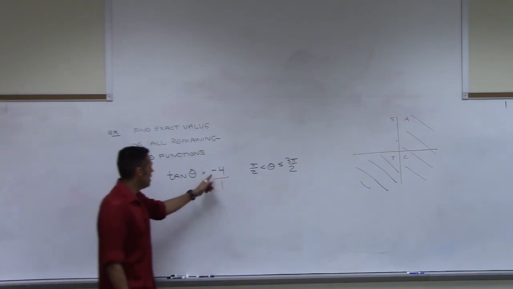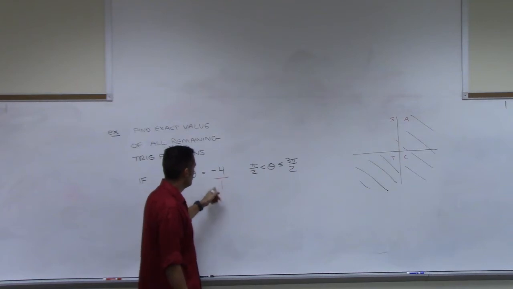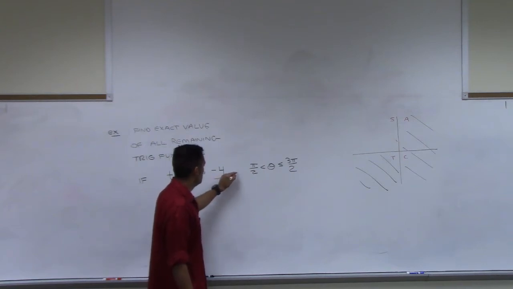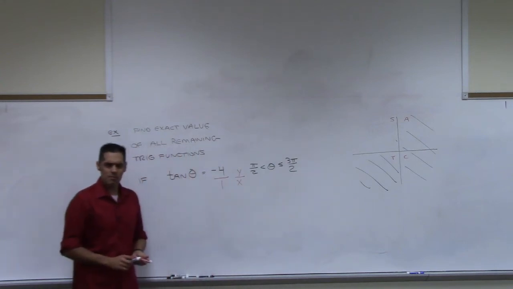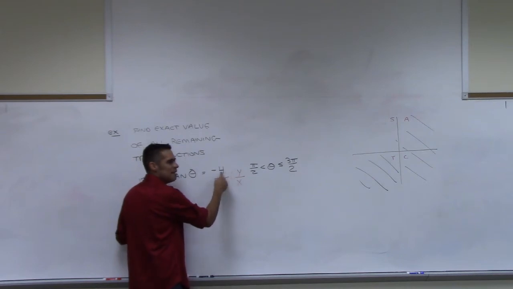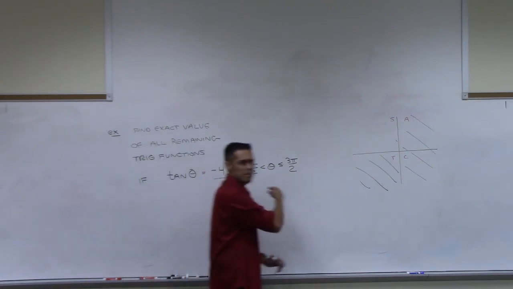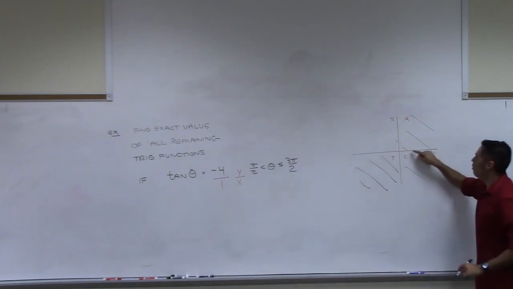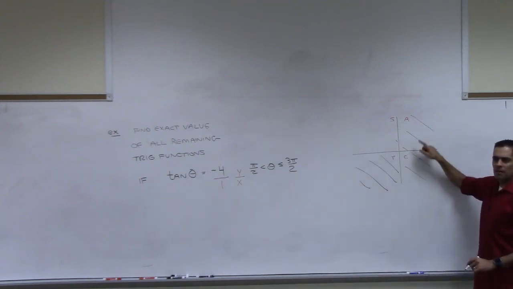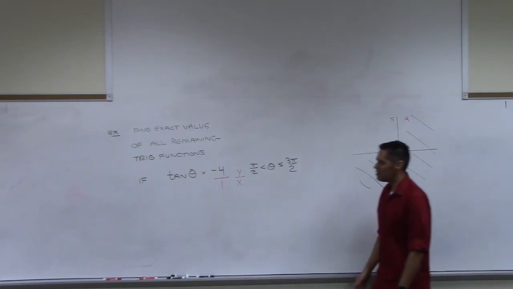But isn't this y over x? There's a problem. Do y'all see the problem? If we're saying our y is negative 4 and our x is positive 1, then we wouldn't be over here, would we? What's wrong? Did we mess up?